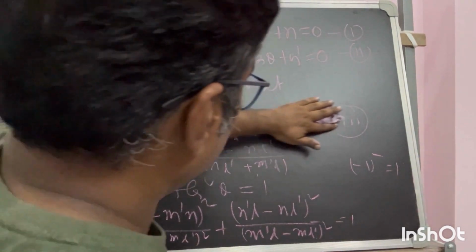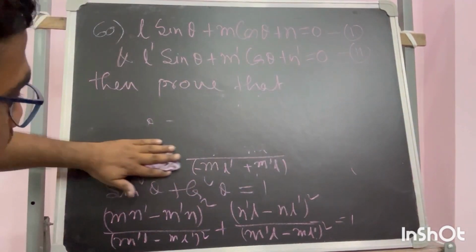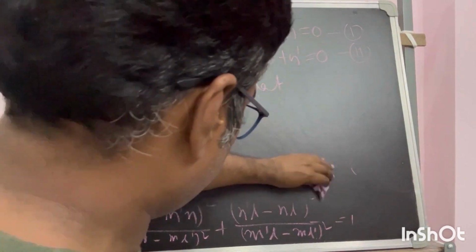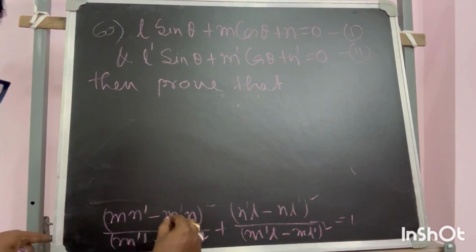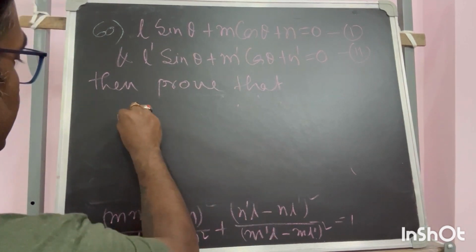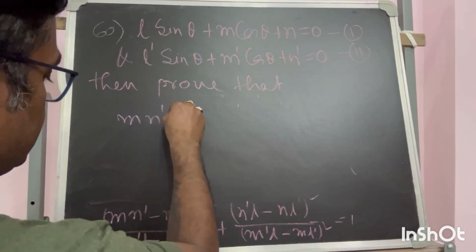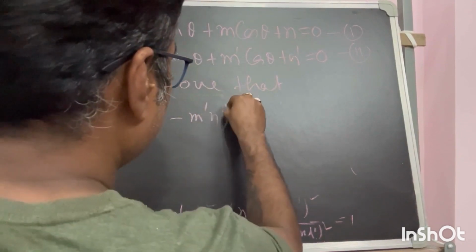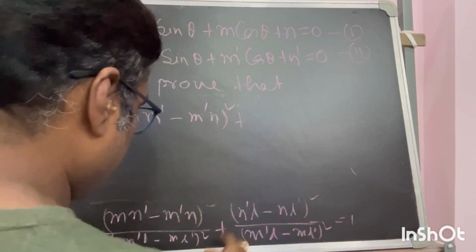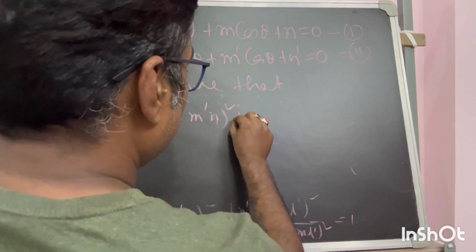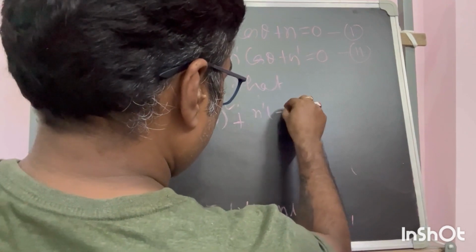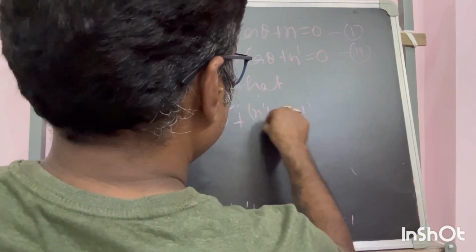Now from there I can say this term will be there, M N dash minus M dash N whole square plus this term, because denominators are same, so I can keep the same LCM for that same denominator.